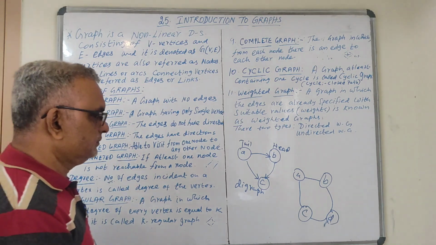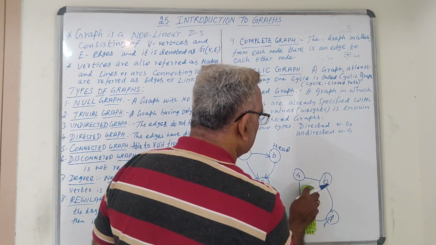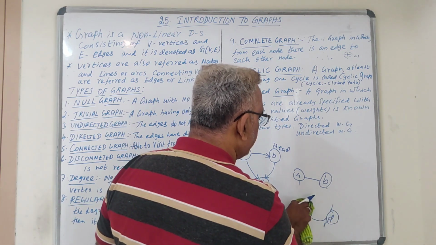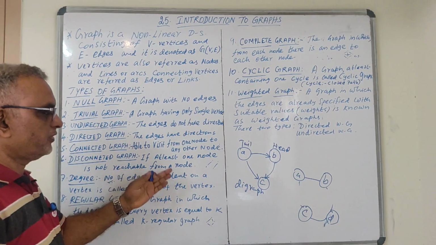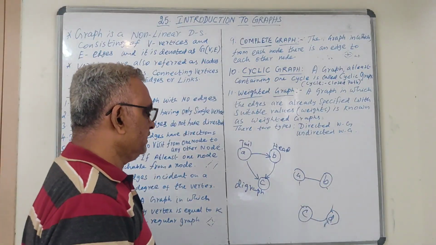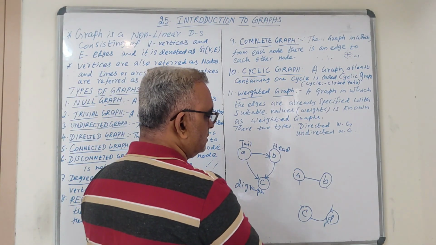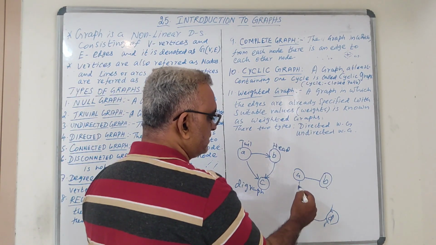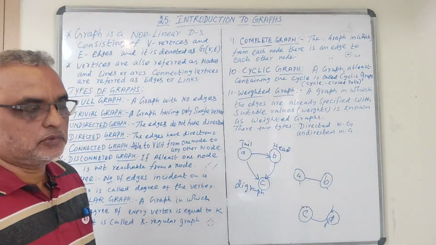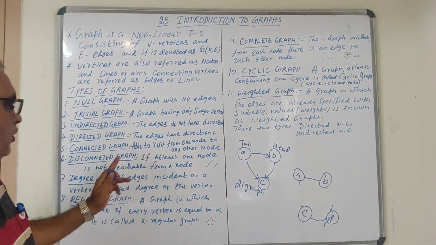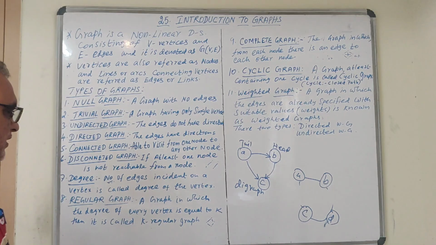Disconnected graph: let us consider that these two links are not there. If at least one node is not reachable from a node, then it is called a disconnected graph. See, from this node you cannot reach this node. It is disconnected.